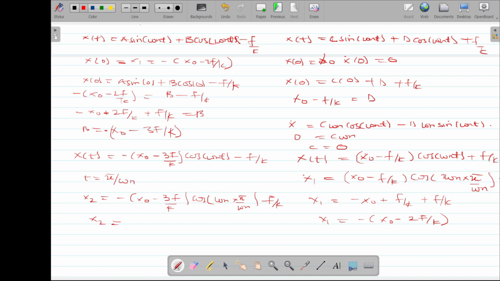So before we do that, this one will give us minus 1. So we have x naught minus 3f on k minus f on k. So x2 will be equal to x naught minus 4f on k.